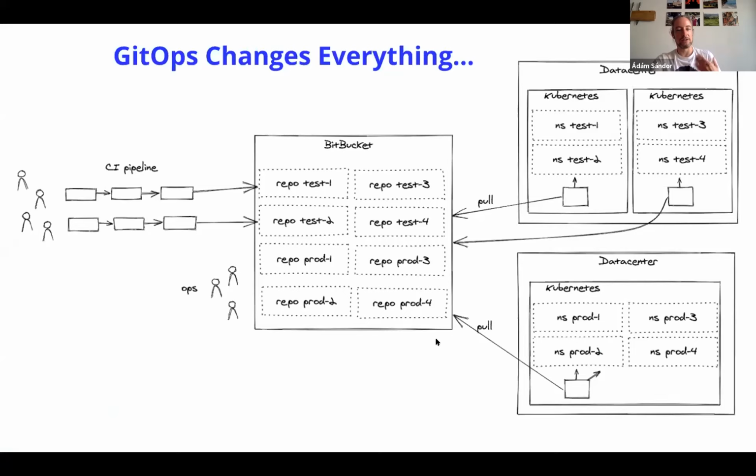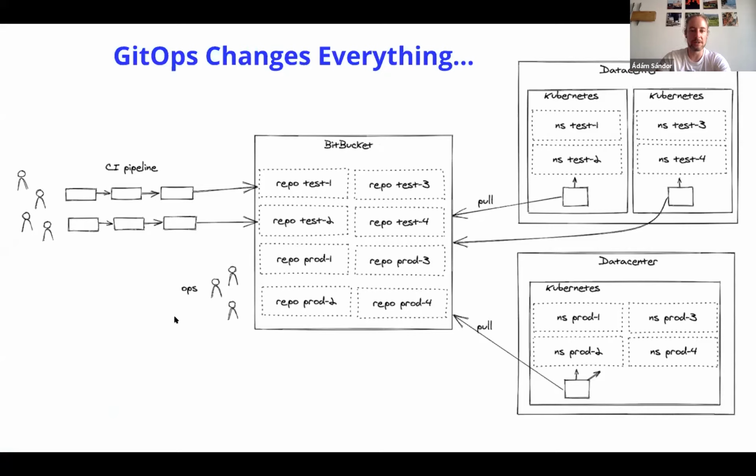If we look at the larger enterprise picture, then it's the same thing, but looks a bit more interesting, how we change basically the whole enterprise picture. On the left side here, there are development teams, all pushing their microservices through their CI pipelines, all making commits into Git repos, which are hosted, in our case, in Bitbucket.